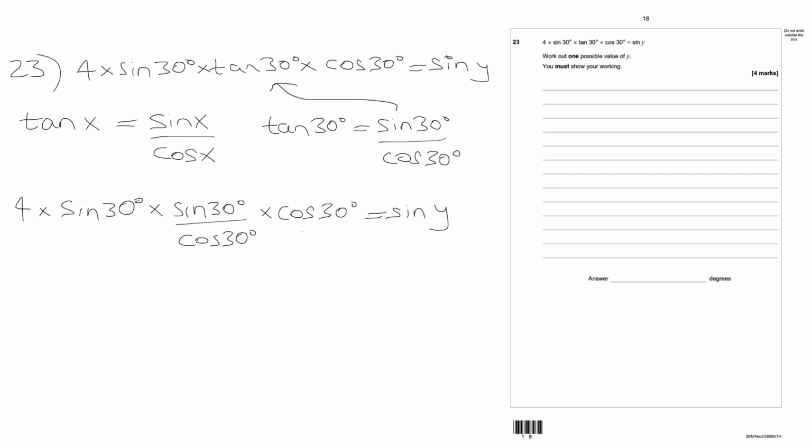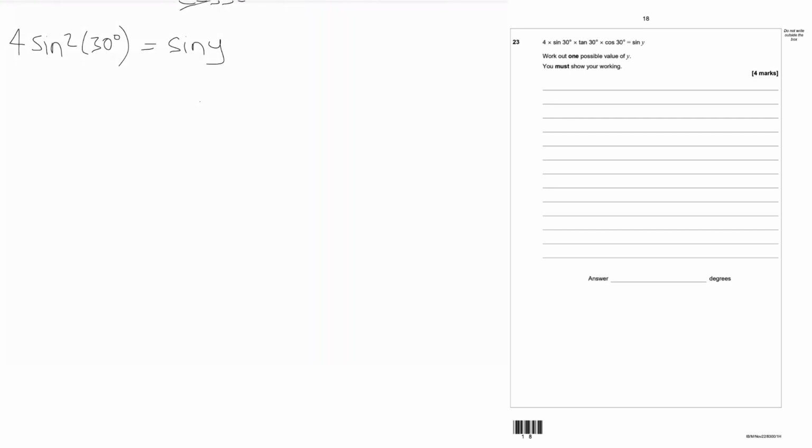You notice here I can cross out the two cos of 30 degrees, as we have one in the numerator and one in the denominator. We're left with 4 times sine squared 30 degrees, which is equal to the sine of y.